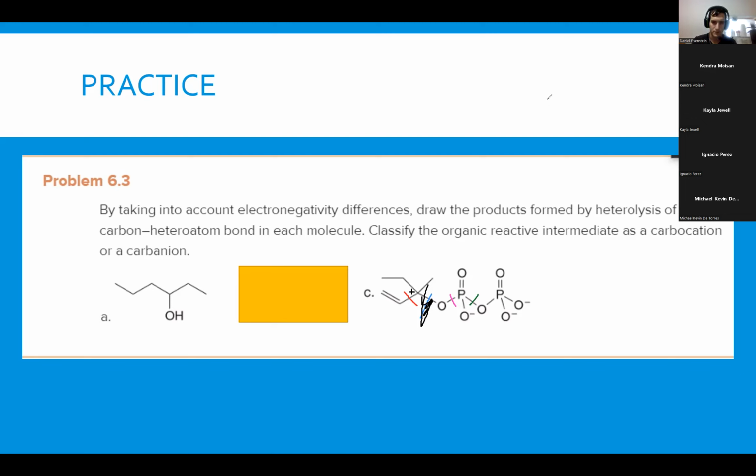Okay. Yeah, definitely. All right, makes sense. Yes, when you break the blue bond, the electrons return to the oxygen because the oxygen is more electronegative.